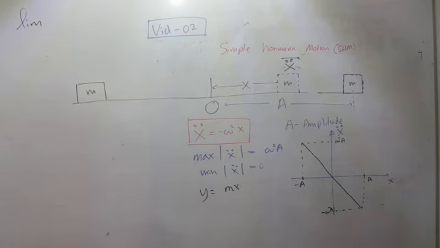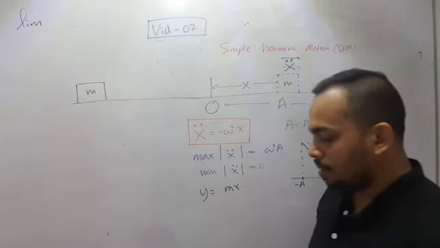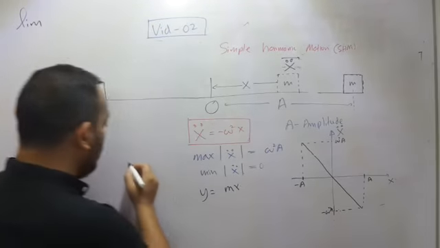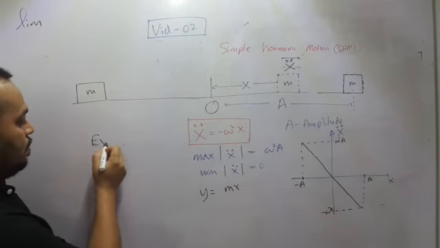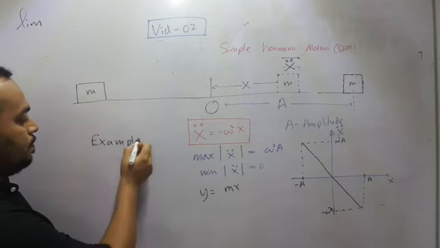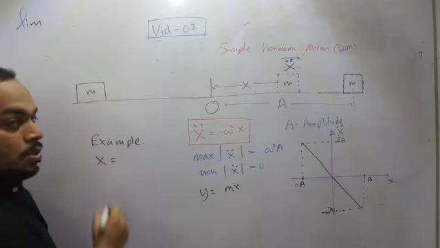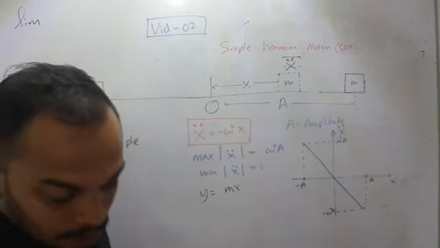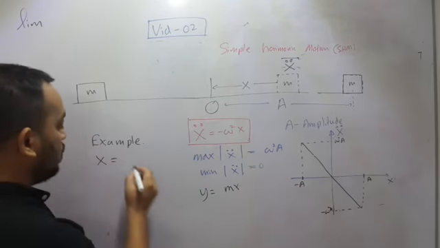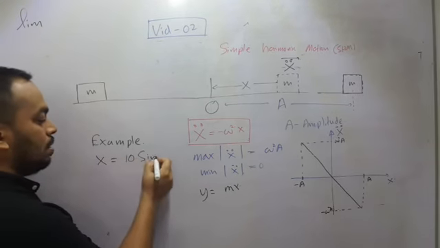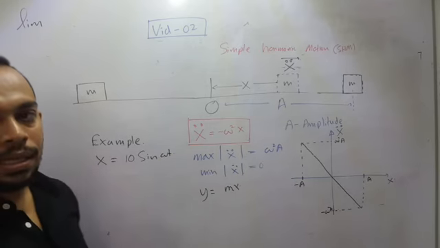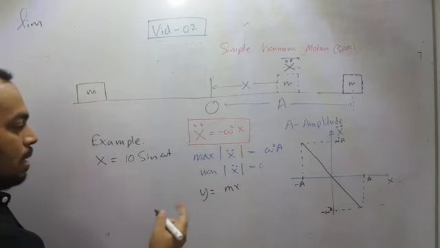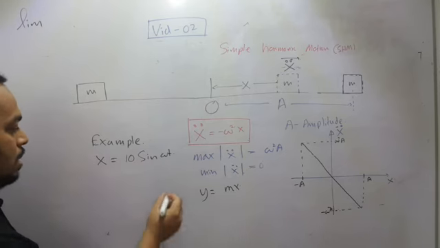Now let's look at an example. Suppose the displacement is given as a function of time, x equals 10 sine omega t. We want to find the acceleration, and the maximum and minimum acceleration.